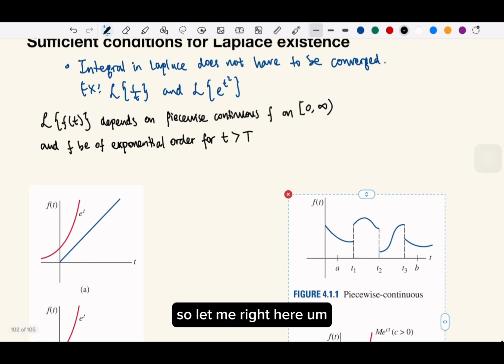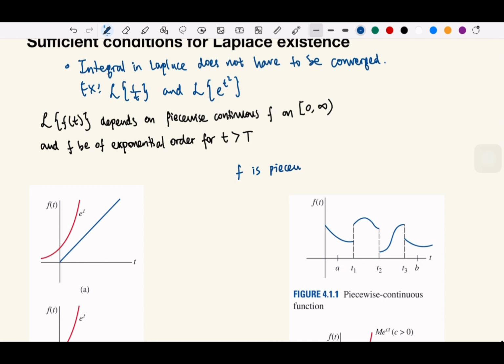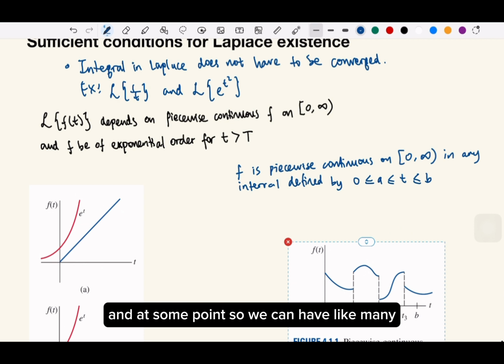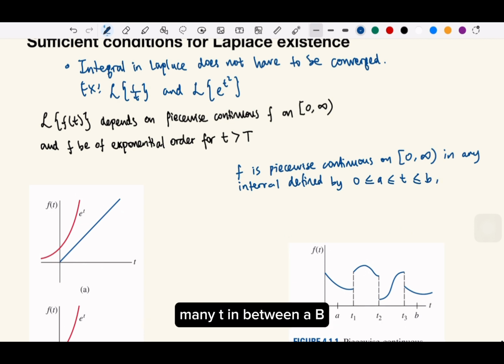So let me write here: f is piecewise continuous on 0 to infinity in any interval defined by 0 and some point, so we can have many t in between a and b.